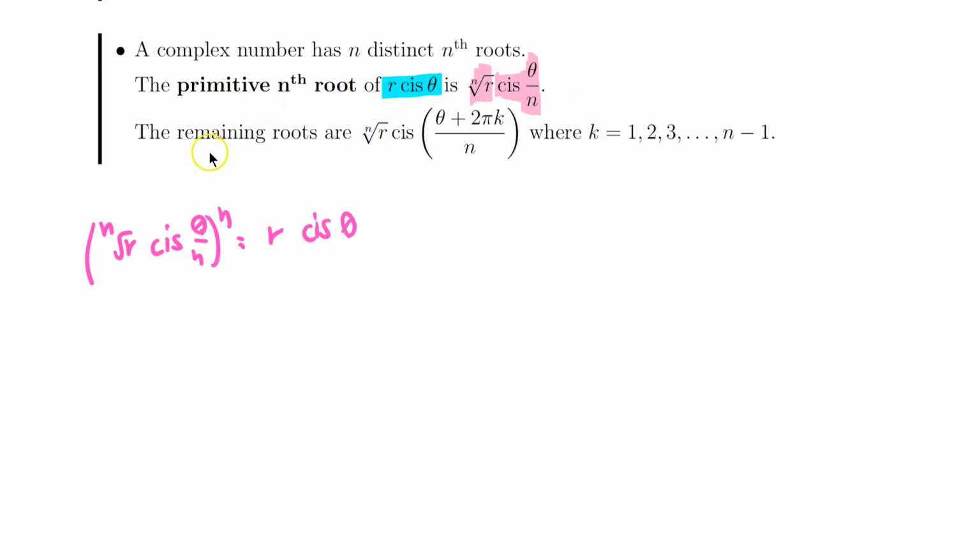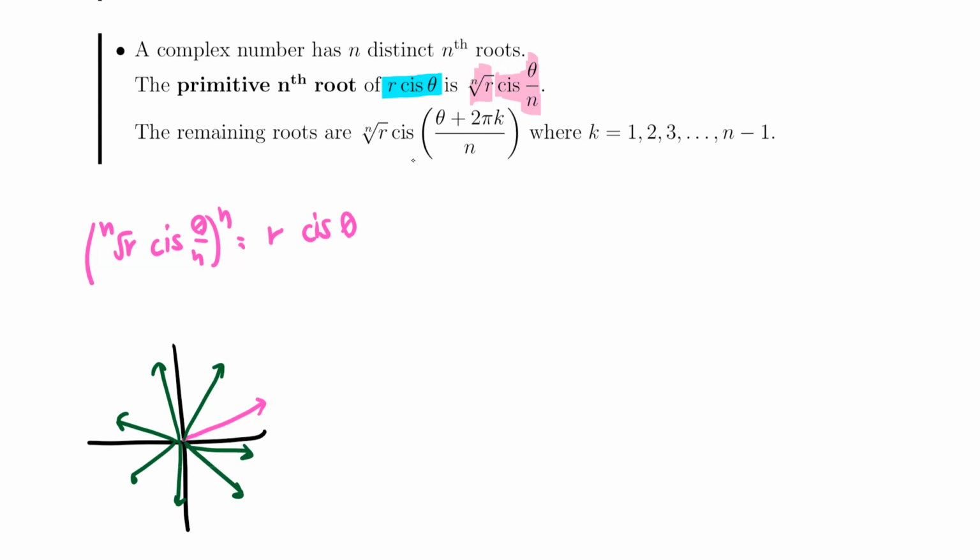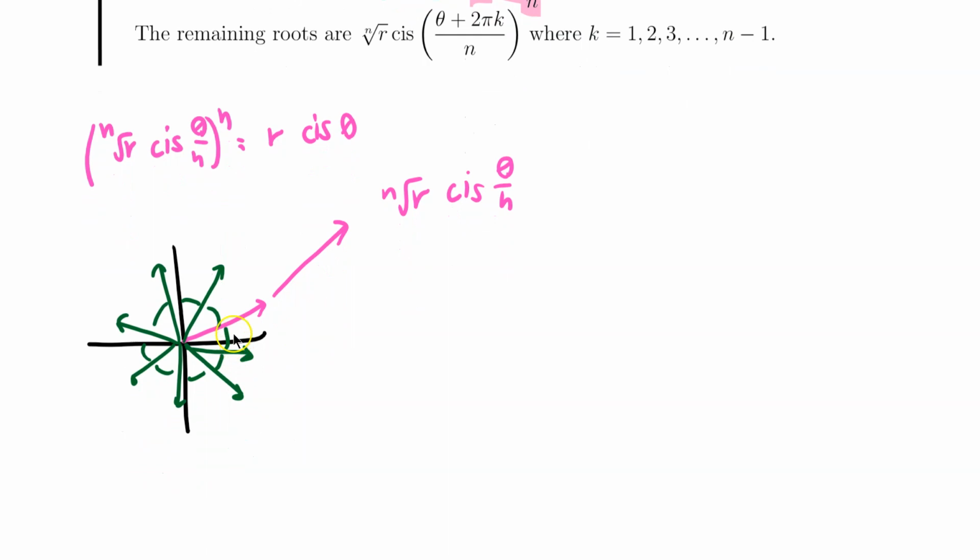Now, how do I find the rest of them? Well, one thing we saw earlier is that when we talk about the roots of a complex number, they will spread out in the complex plane. So once I find one of them, I can find all the rest by seeing that they will spread out, so the angle between each of these guys is going to be the same. So once I knew that this pink guy is the nth root of r cis of theta over n, I knew that all n of them are going to spread out, so all these little angles here are going to be equal.